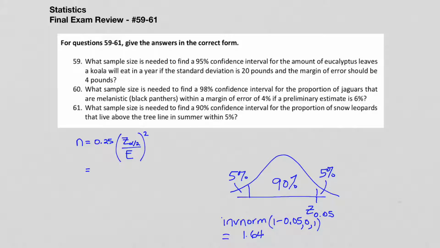All right, so we've got 0.25 times 1.64 over the margin of error, which is 5. And when we square that, I've got 268.96, which means we need 269. And that is my final answer. And that's how you do those problems.